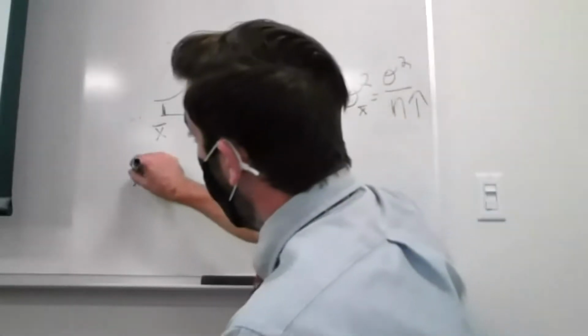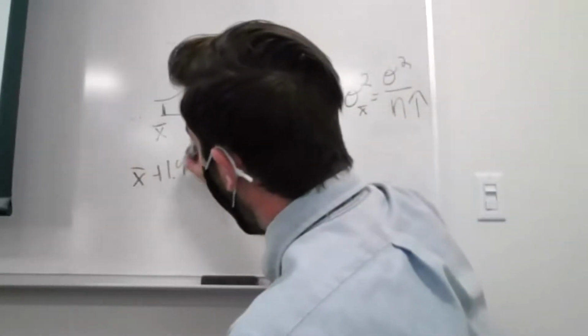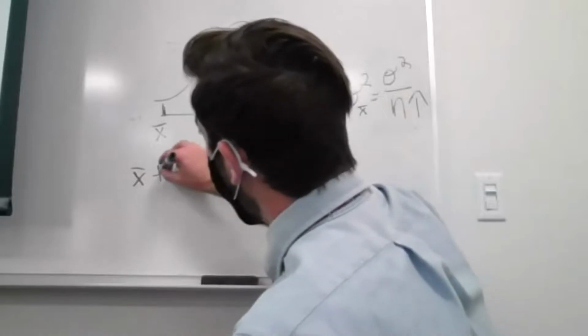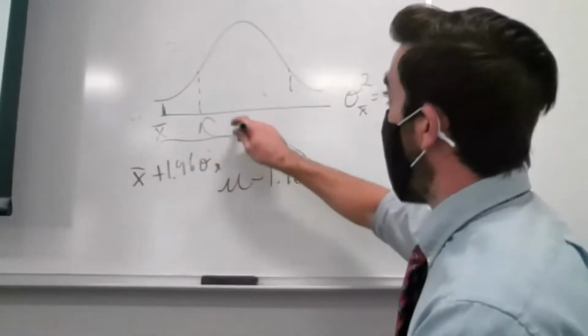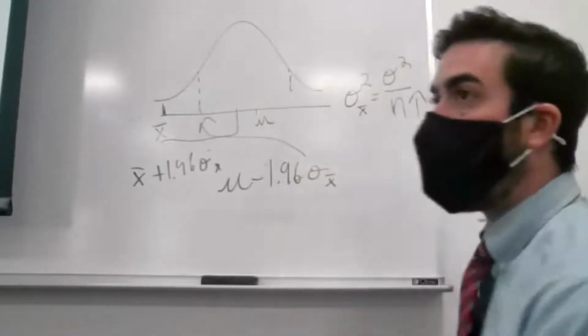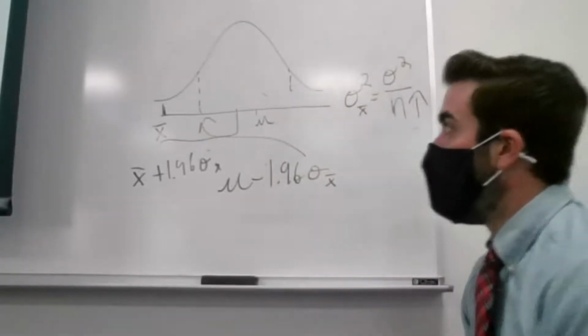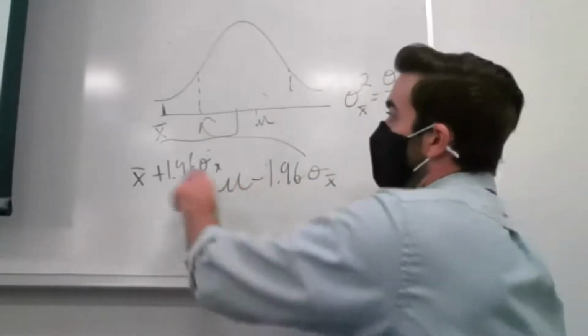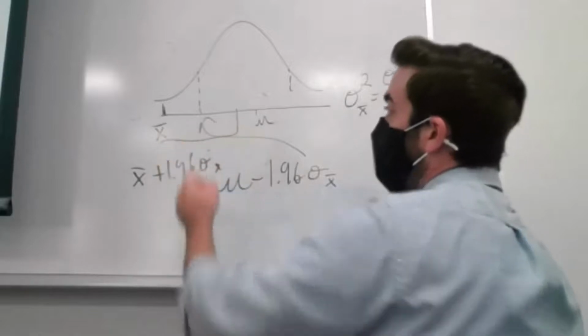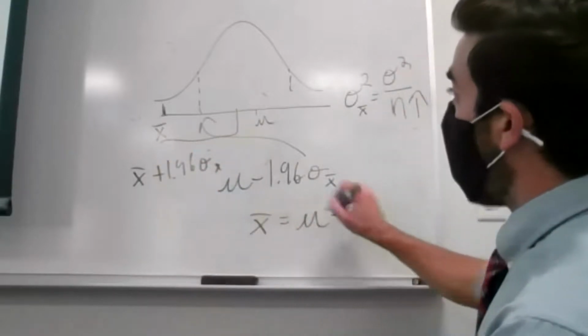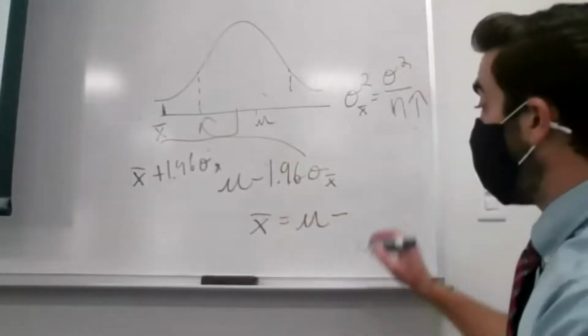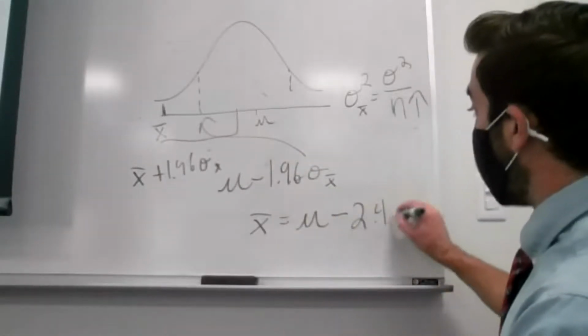So if I then add 1.96 standard deviations to this value, it won't take me quite up to that population mean. Essentially, you can think about it this way: X bar here would have to be equal to the mean minus more than 1.96, so maybe, I don't know, 2.4.